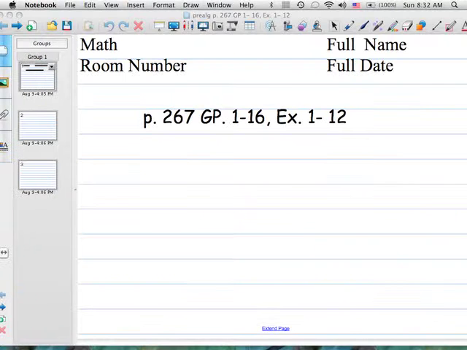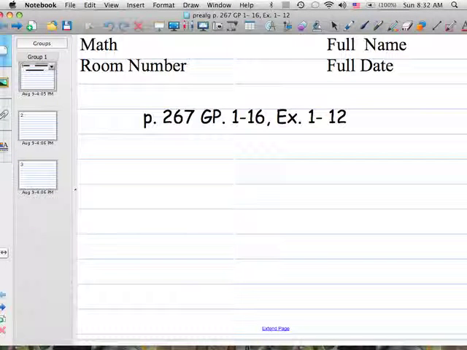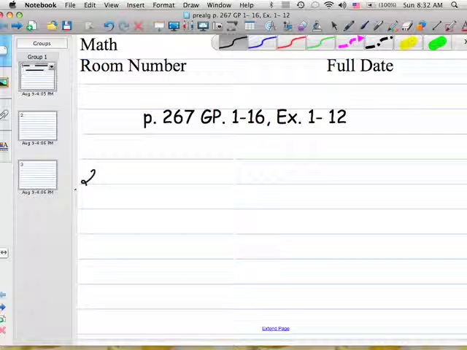So take your paper, page 267, guided practice 1 to 16, exercises 1 to 12. So it's headed, folded, and we're on 267. The guided practice number 2, they want to know what is the difference between a parallelogram and a trapezoid.